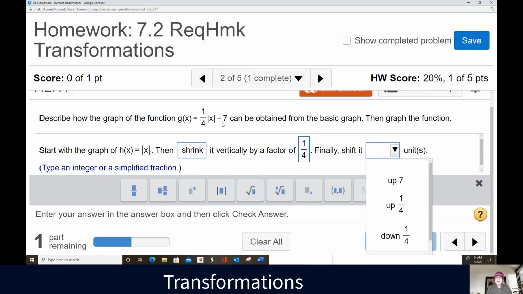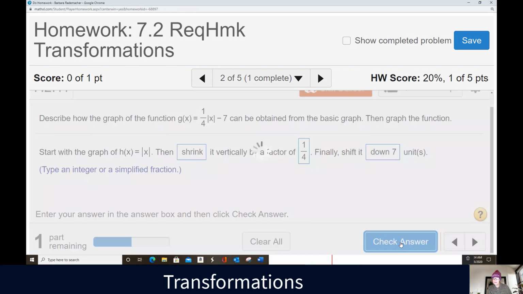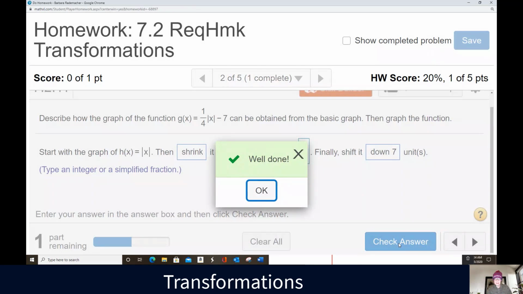Okay, and since it's on the outside of the argument, that deals only with vertical movement, so you are going to shift this down vertically, 7 units. There it is, down 7 units. So I'm going to click on down 7. Then I'm going to check my answer. Well done.